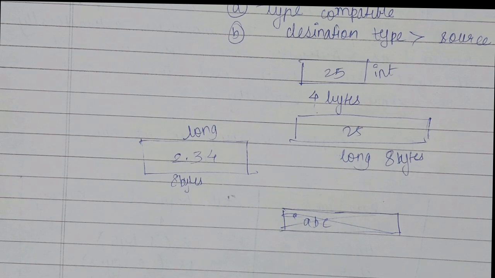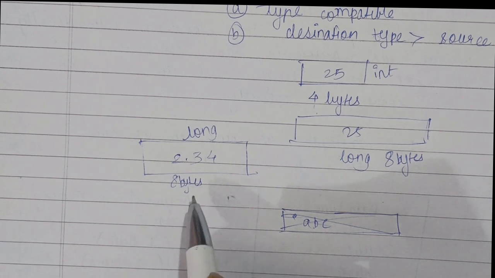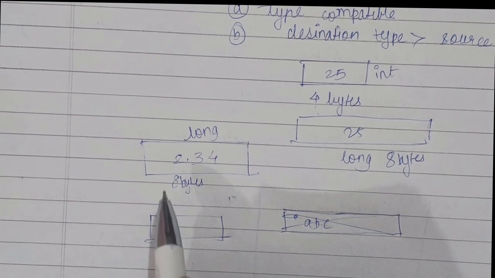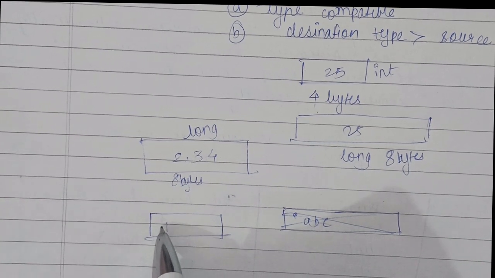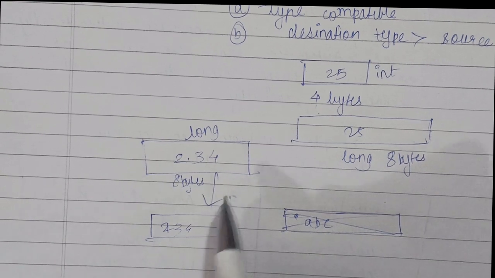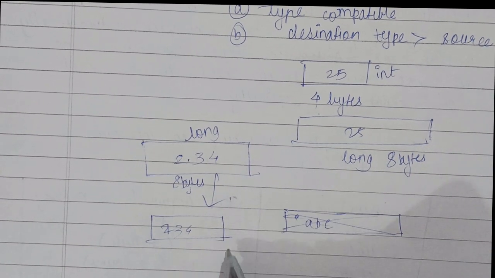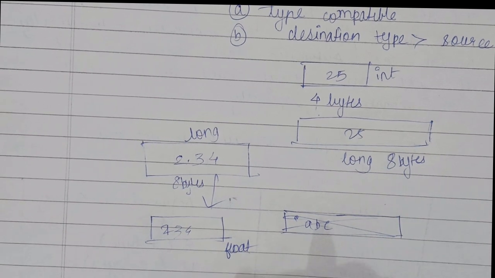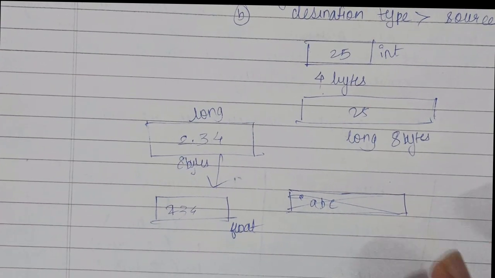And if you are converting the long data type into the float data type, will it convert? It will not convert into the float data type, because the float data type has less memory, or it acquires less space in the system. So that's why it will not be compatible with the long data type variable.